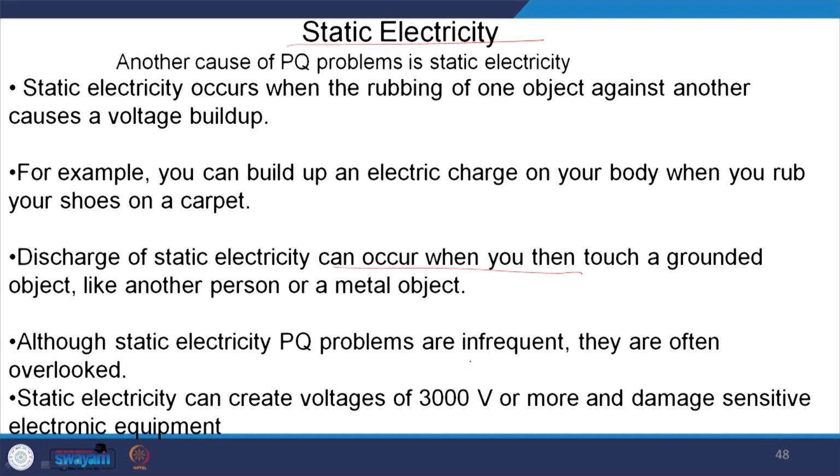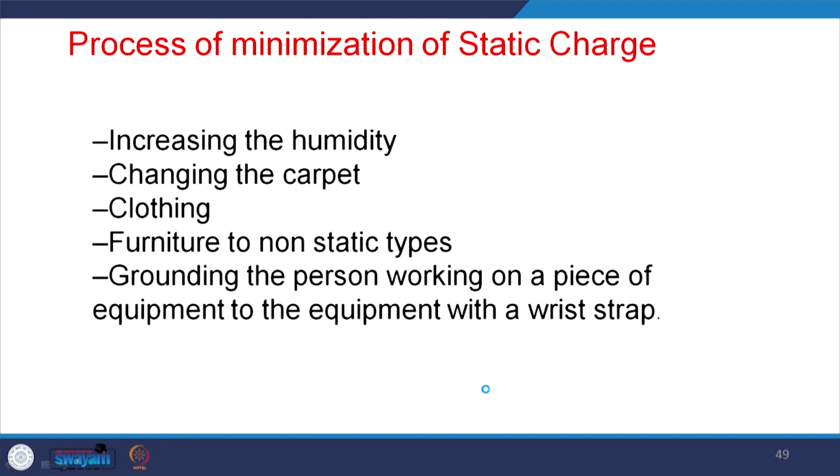Static electricity can create as much as 3000 volts and more, and damage sensitive electrical equipment. For this reason, we sometimes need to reduce static electricity by increasing the humidity, so that the insulation of the air decreases, by changing the carpet and clothing.